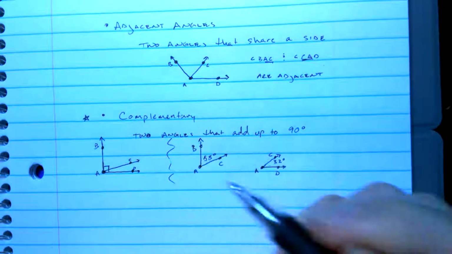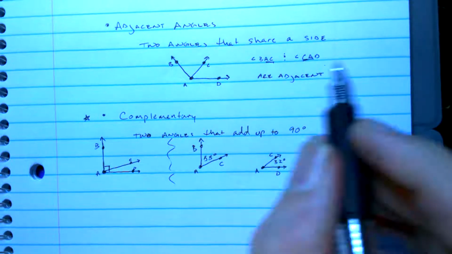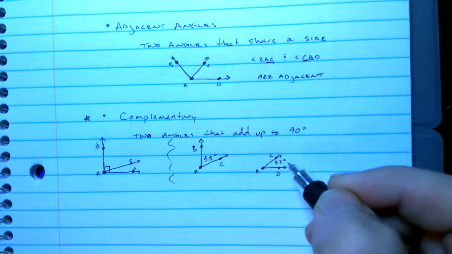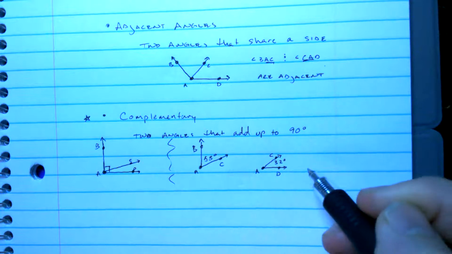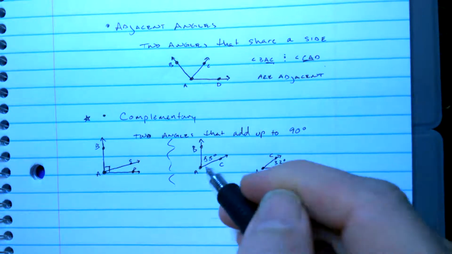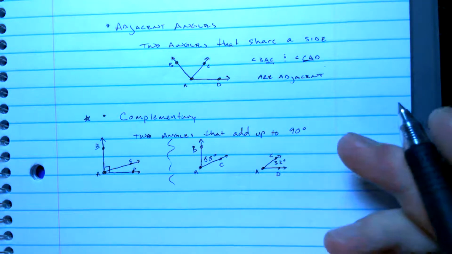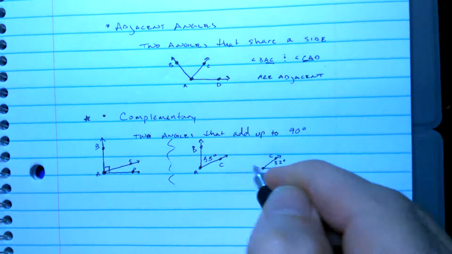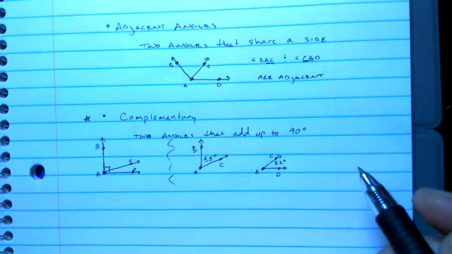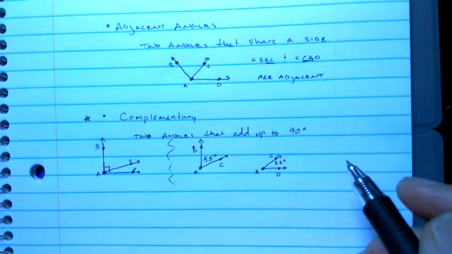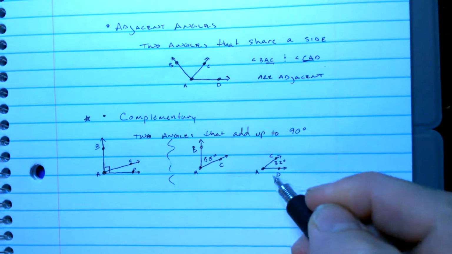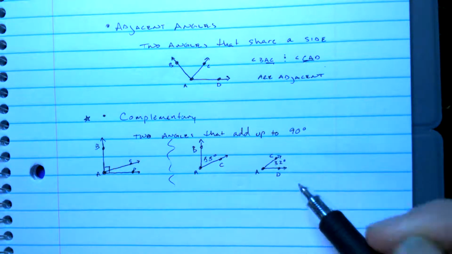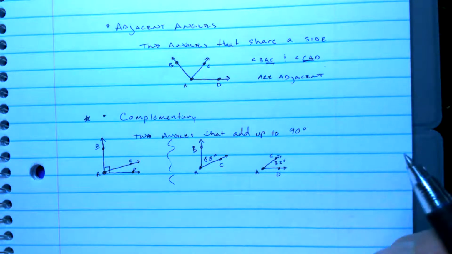These are two different problems, where now they're not adjacent to each other. They are given measures of 58 and 32. And since 58 plus 32 is 90, we can say that these two angles are complementary. And that's knowing the angle measures.